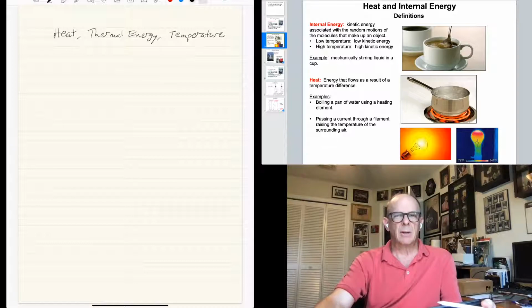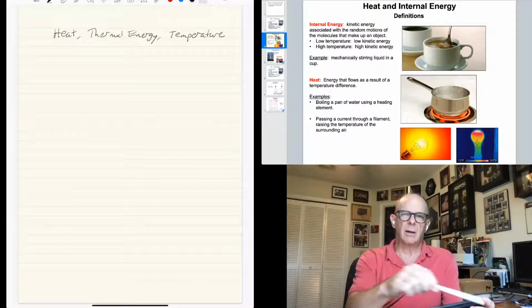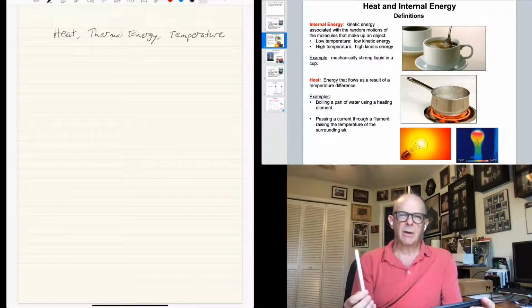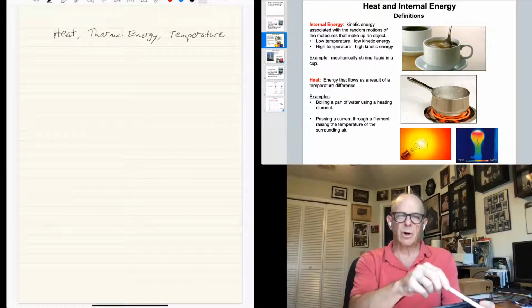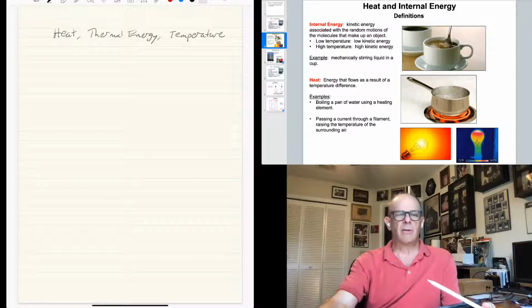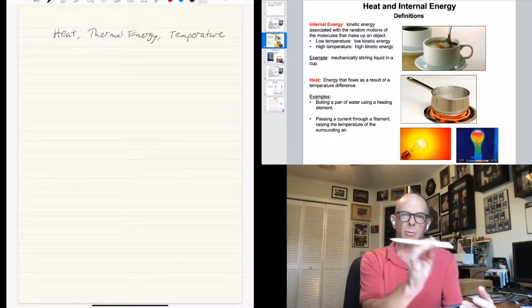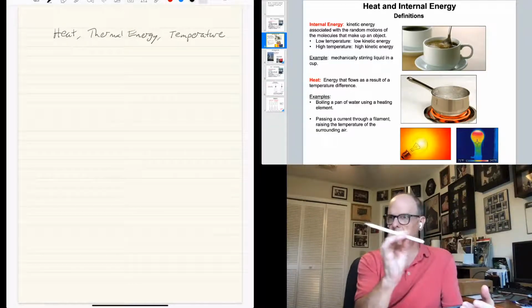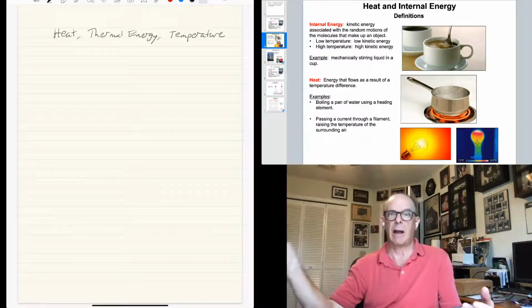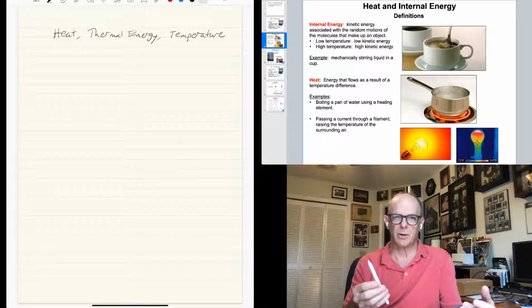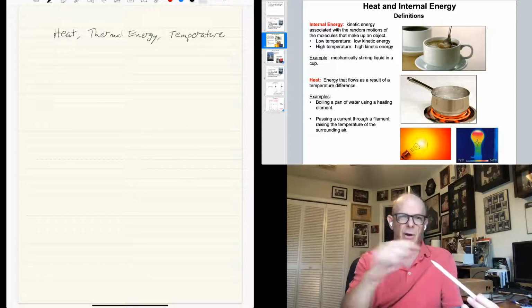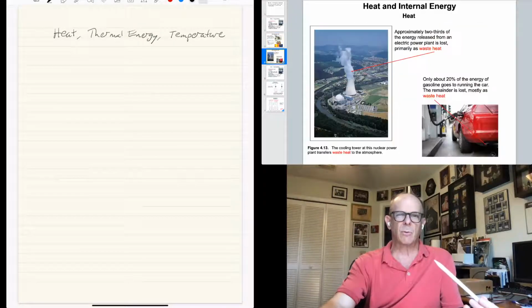We're going to get to how we measure temperature in a second, but the other word I wanted to highlight here is the word random. If all the atoms and molecules in the pen were moving in one direction, that means the pen itself is moving, and that's the macroscopic kinetic energy that we're familiar with. These motions are in every which way in all sorts of different directions.